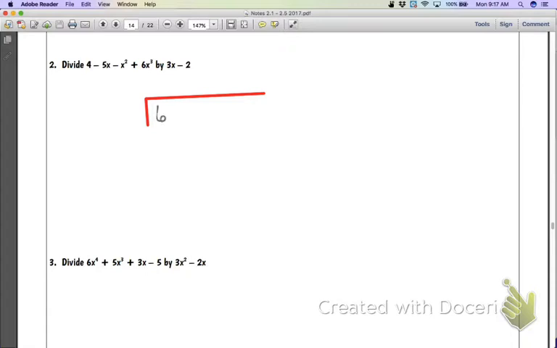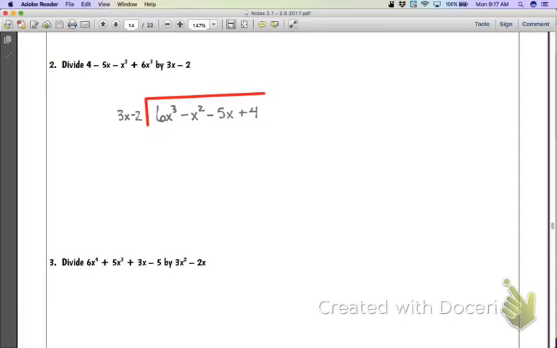So I have 6x to the third, minus x squared, minus 5x, and then plus 4. So I have the 3x minus 2 on the outside.